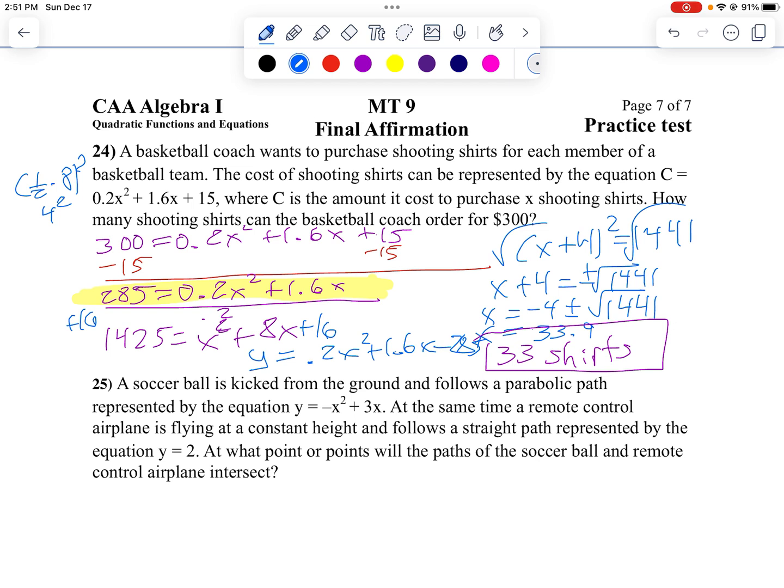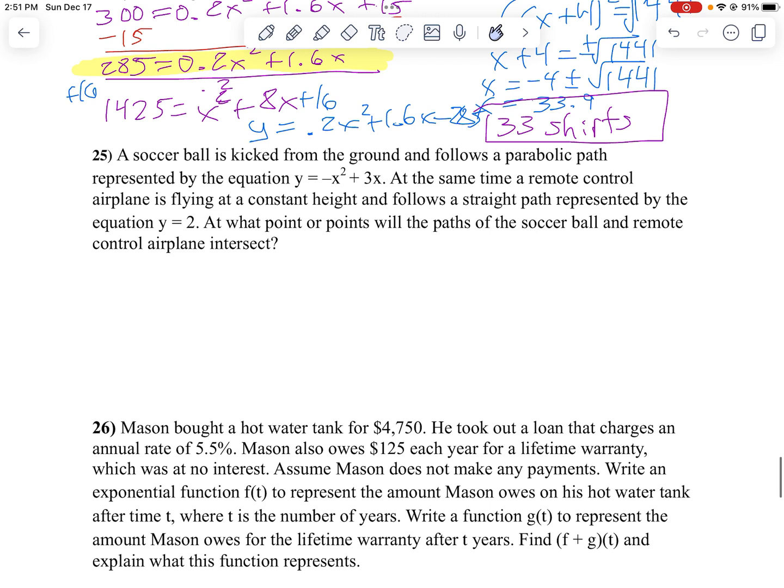Now on question 25, we've got the soccer ball. It's kicked from the ground, and it follows a parabola given by that equation. At the same time, we're going to solve the equation. Notice y equals 2, so I'm going to replace y with 2 in my equation. So now we're going to say 2 equals negative x squared plus 3x.